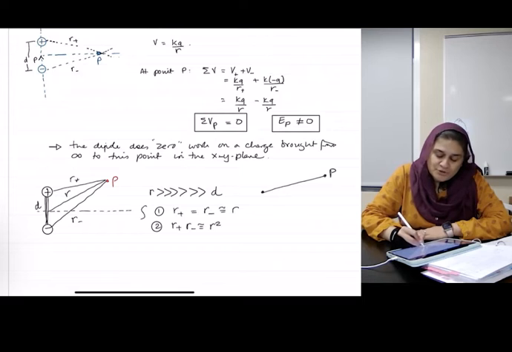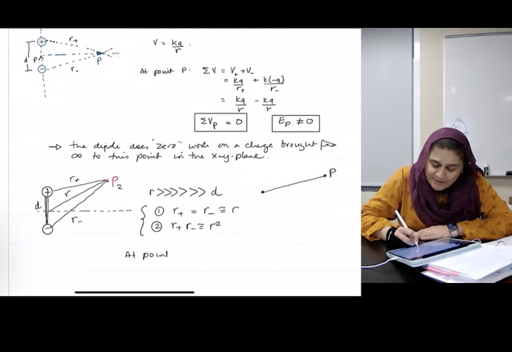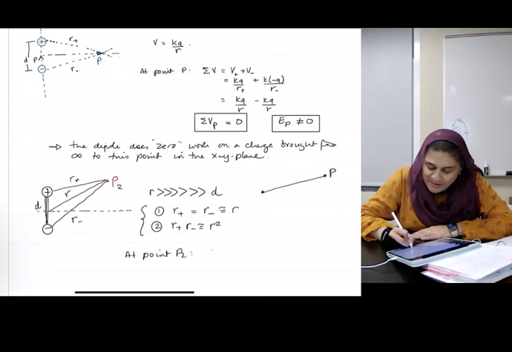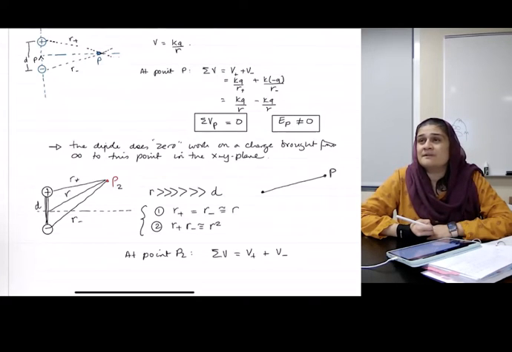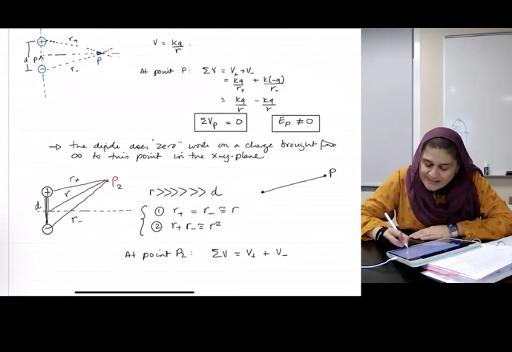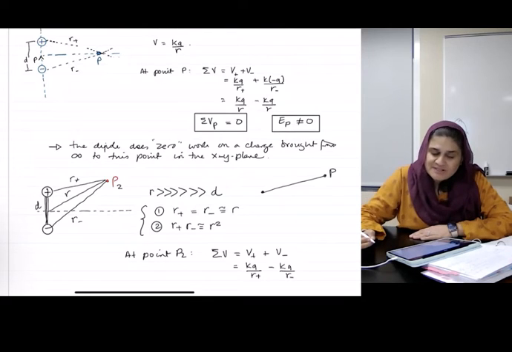and for my two charges, let me call this point 2. At the new point P2, may I write sigma V as V plus V minus? Same thing as above. May I write this as KQ over R plus minus KQ over R minus?